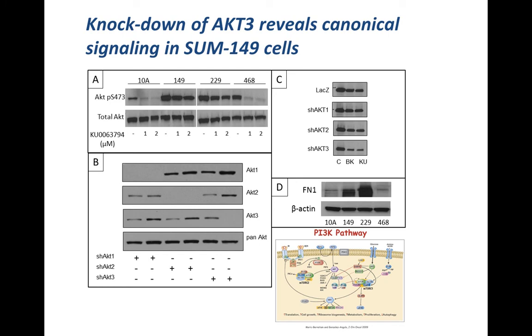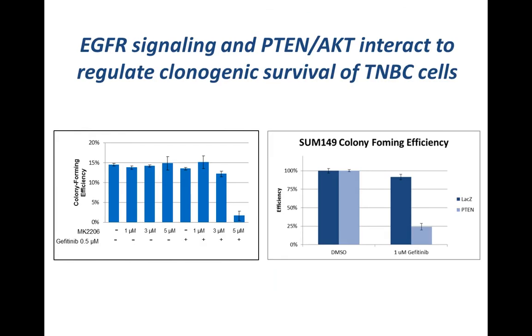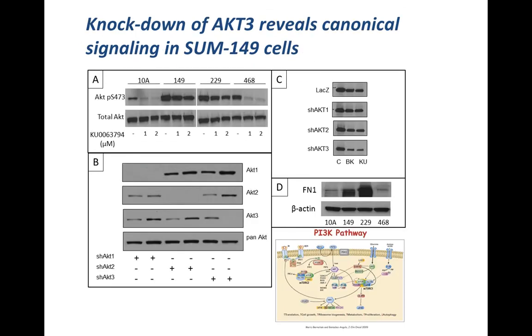And so, again, this is a pretty good drug. And if you give mTOR to the 10As or the 468s, it's very effective, not effective at all in the SUM229s. But now, if we take these three isoforms and we use shRNA, we can either knock out AKT1 selectively, knock out AKT2 selectively, or knock out AKT3 selectively.